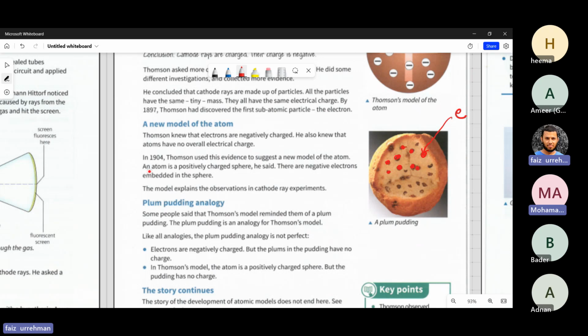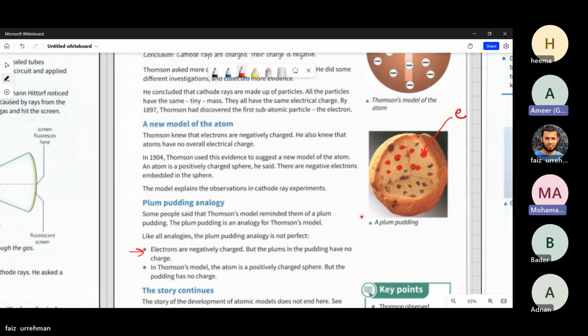The model explained the observation in the cathode experiment. Some people said that Thomson's model reminded them of a plum pudding. The plum pudding is an analogy of Thomson's model. The electrons are negatively charged, but the plums in the pudding have no charge.